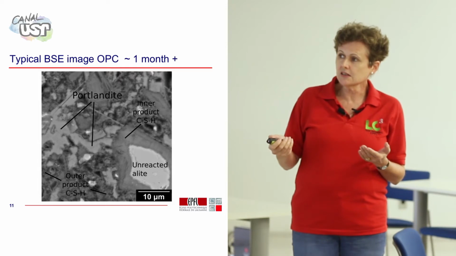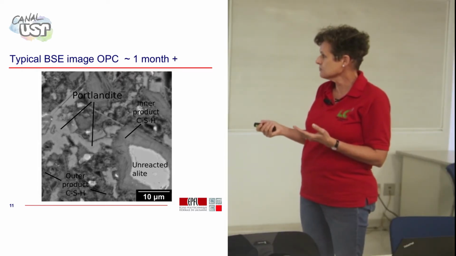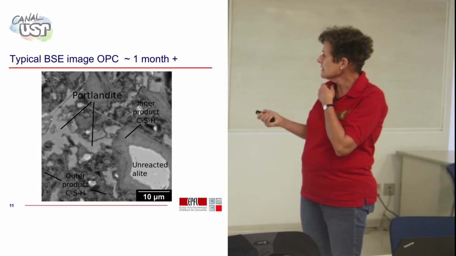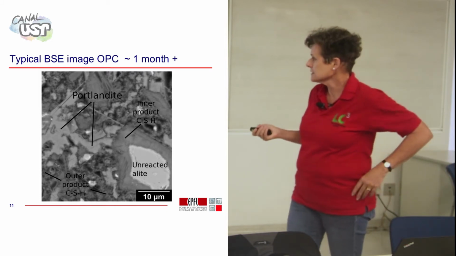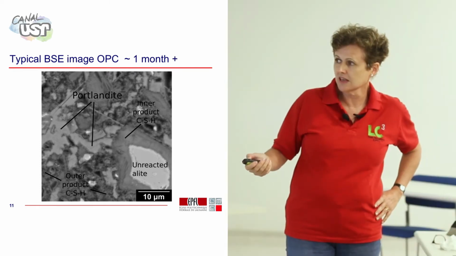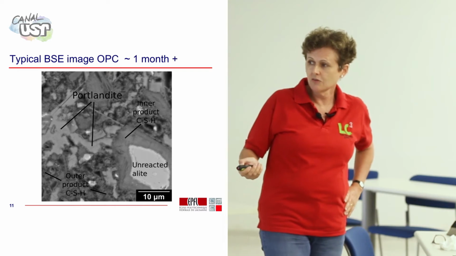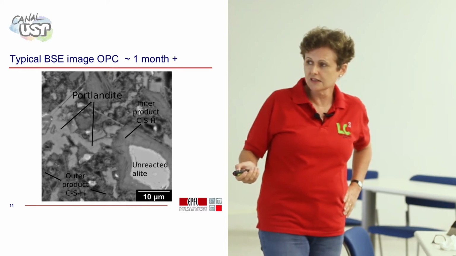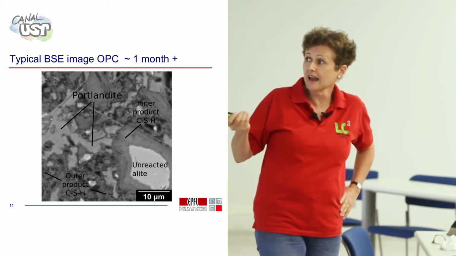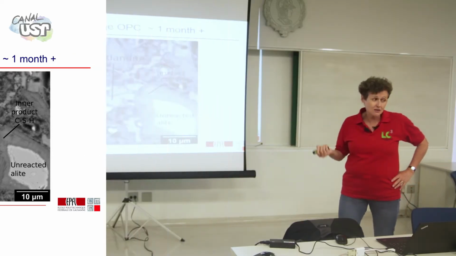And then we can see the calcium hydroxide, nice areas of calcium hydroxide, which is the next brightest. And then we can see the other hydration products. So we can generally identify this nice even CSH around the cement grains, and then this rather less well-defined CSH, but also will contain ettringite and AFM phases out there. And of course, the black areas are pores.